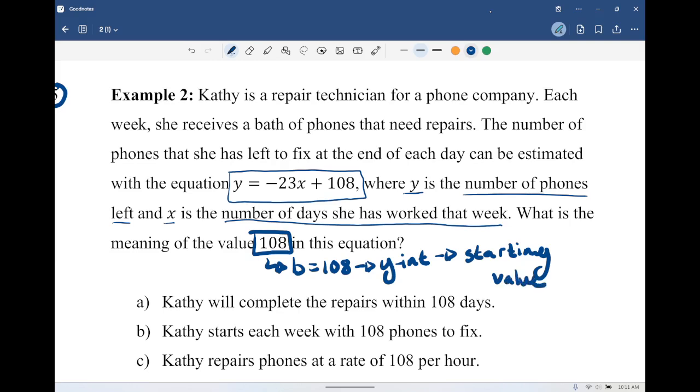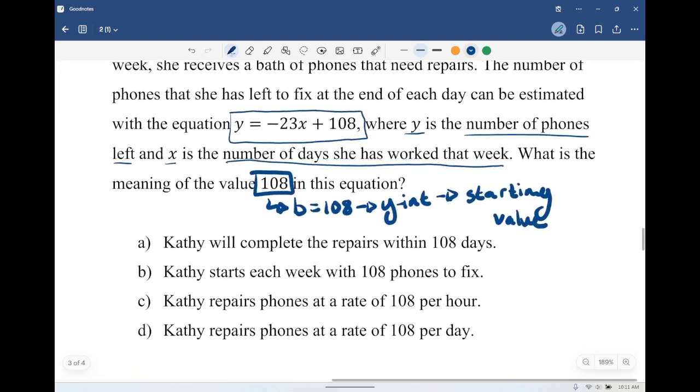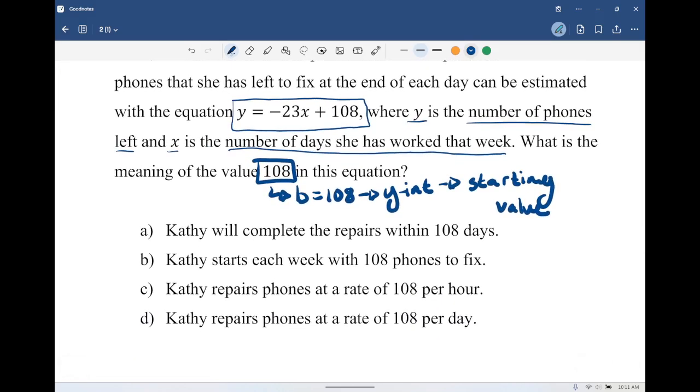If 108 is our starting value, I need you to take 30 seconds and read your options. Raise your hand. What should it be? Lewis. Louder. B. That's exactly right.